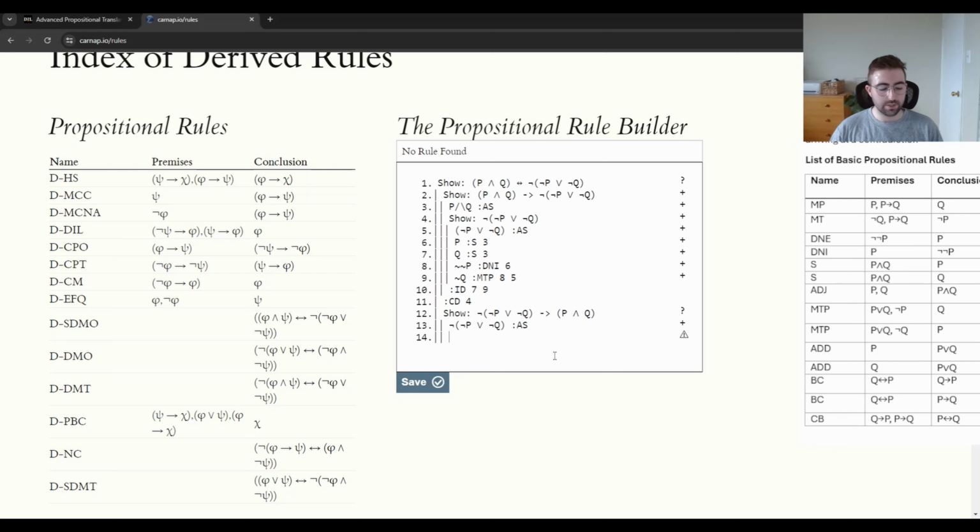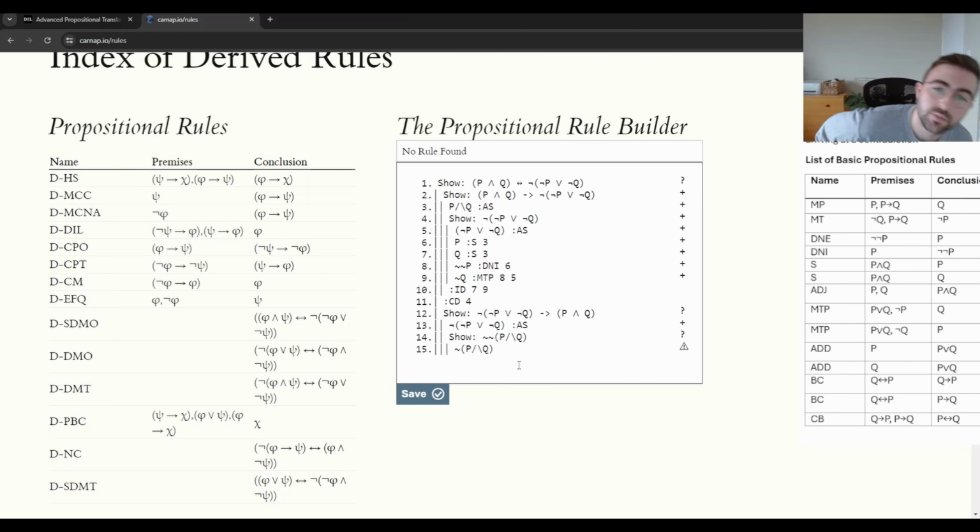Well, one way to do it is to show not P and Q, and then we can get a double negation out of it, right? So if we assume not P and Q, or hold on, let's see what we can do here actually.